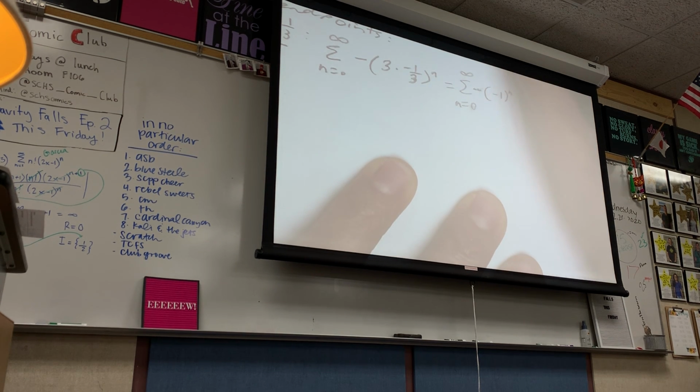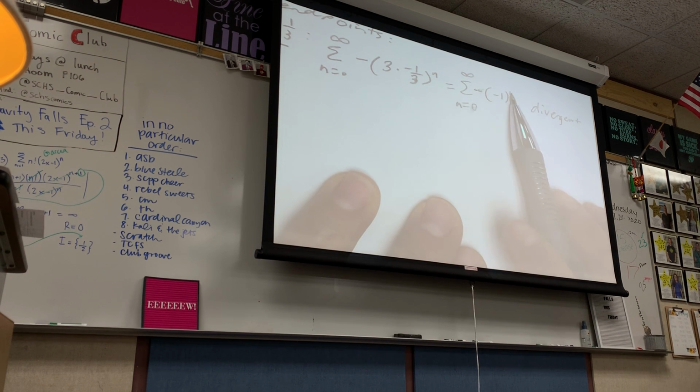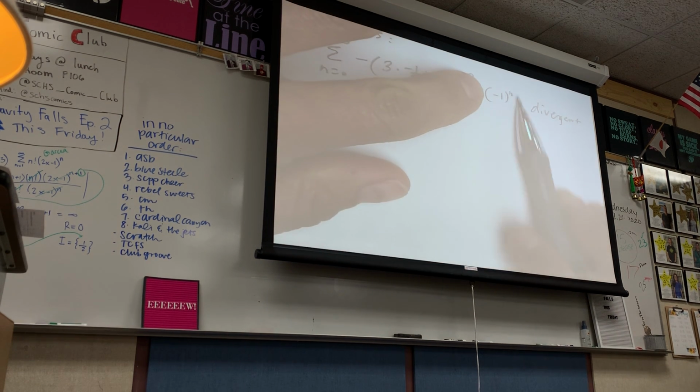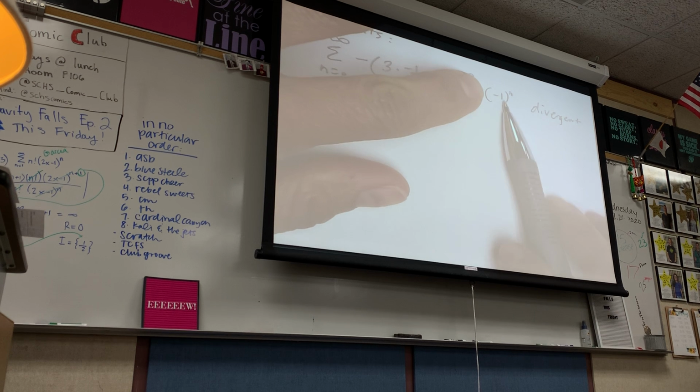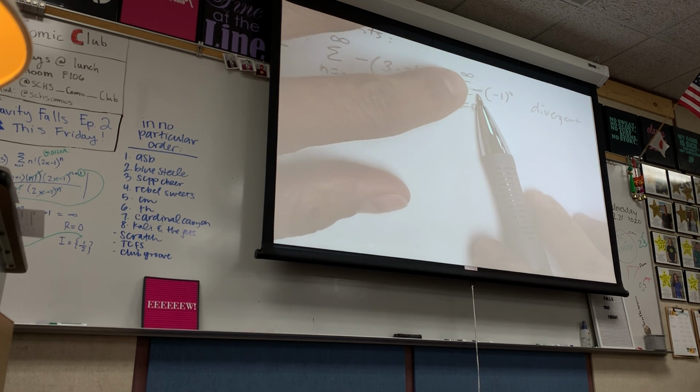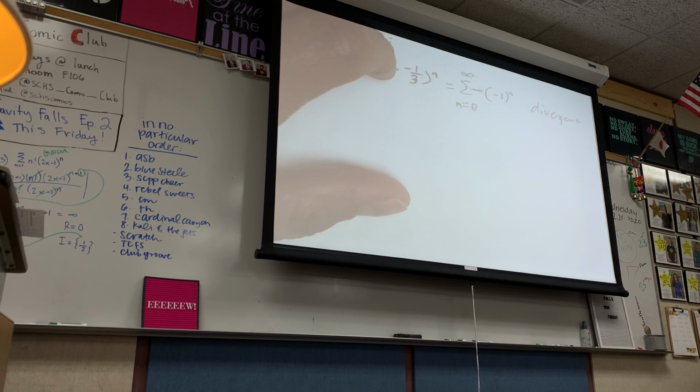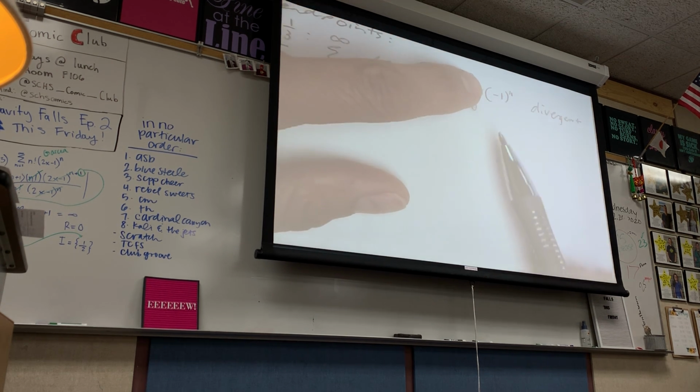As you plug in 0, 1, 2, 3, 4, this is going to oscillate from 1 to -1, 1 to -1. But once you take those numbers and times by another negative, then they change to -1 to +1, still oscillating. No, you can't just cancel them, because if you think about order of operations, you would do exponents first, then multiply.